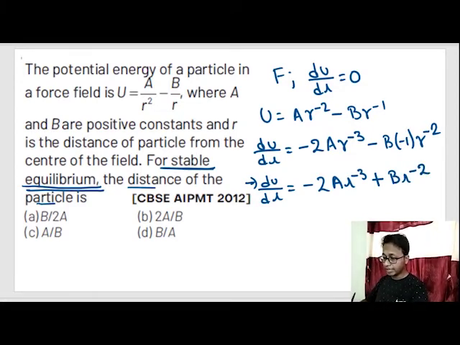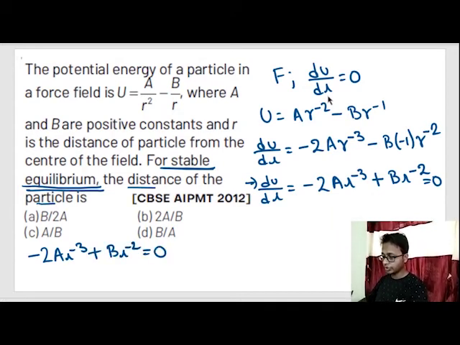And by the definition of equilibrium, this du by dr is equal to 0. Why? Because force is equal to 0. So we know that minus 2a r to the power minus 3 plus b r to the power minus 2 is equal to 0.